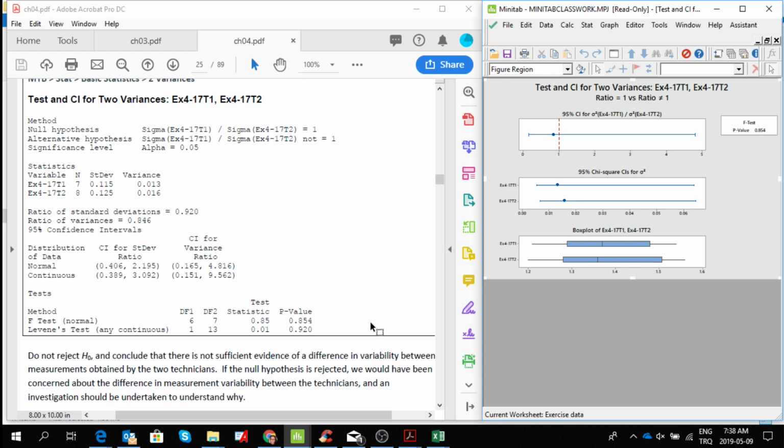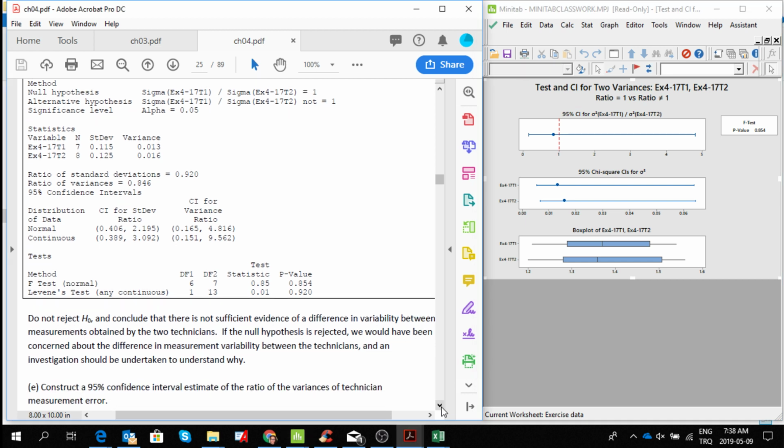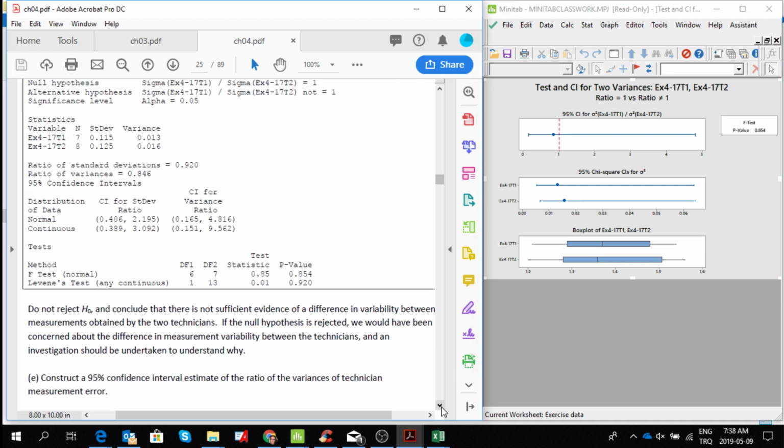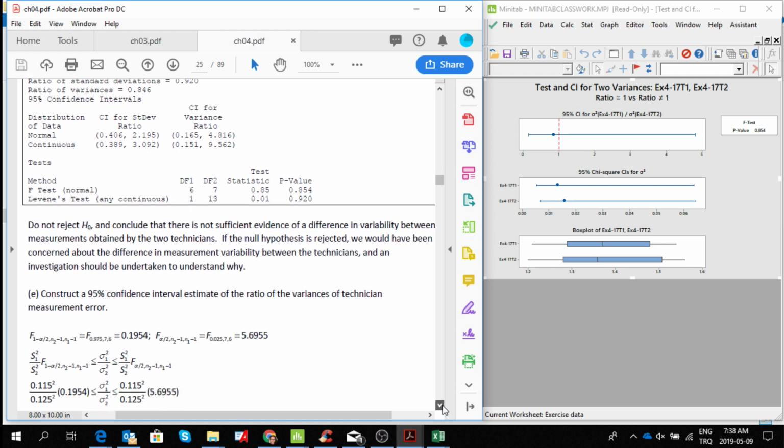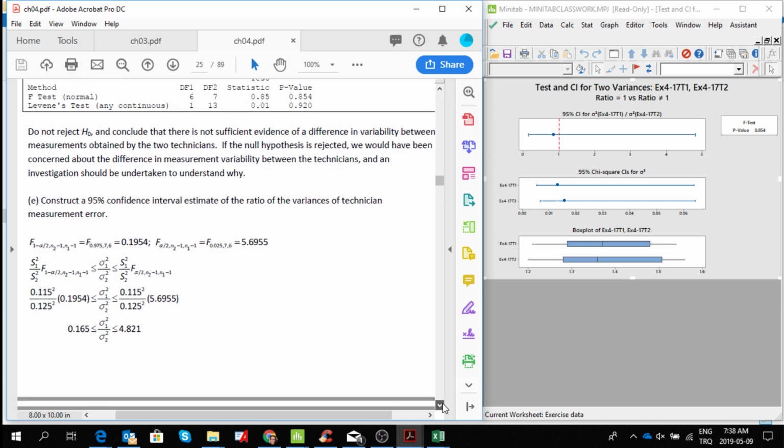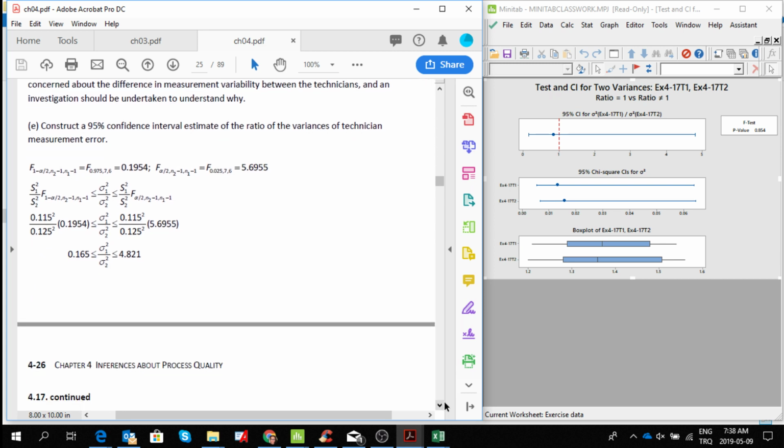So we do not reject H0 because the p-value is big, and that's what we get from here. Part E is similar, so we are not going to do that. That's the end of the question.